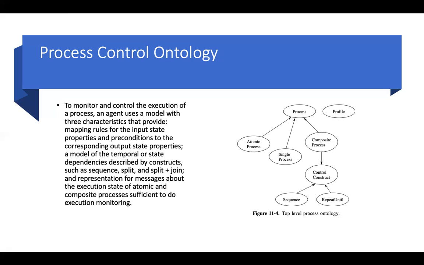And a representation for messages about the execution state of atomic and composite processes sufficient to do execution monitoring. This allows an agent to keep track of the status of executions, including successful, failed, and interrupted processes. Process control ontology is still an area under significant development.